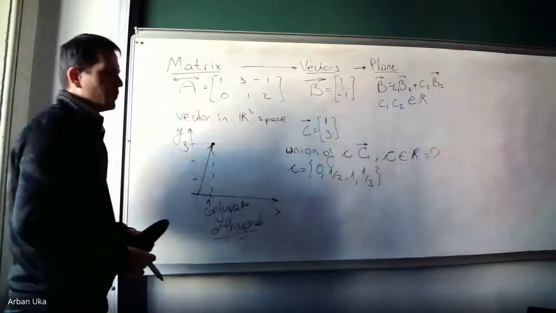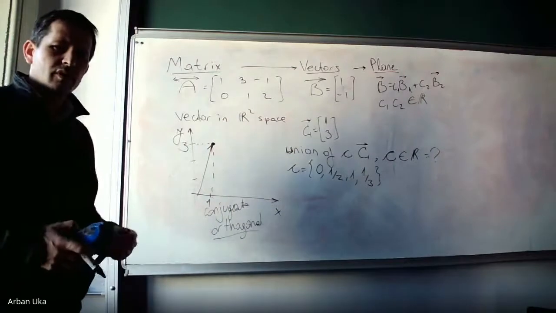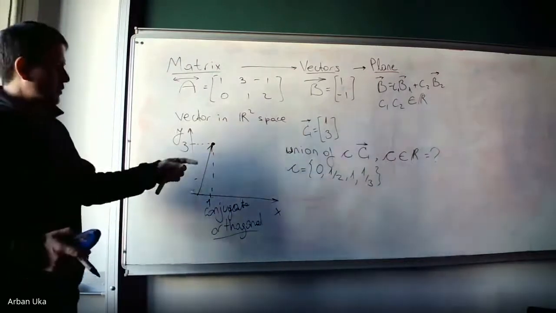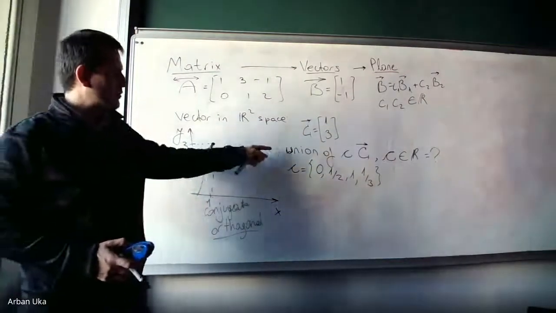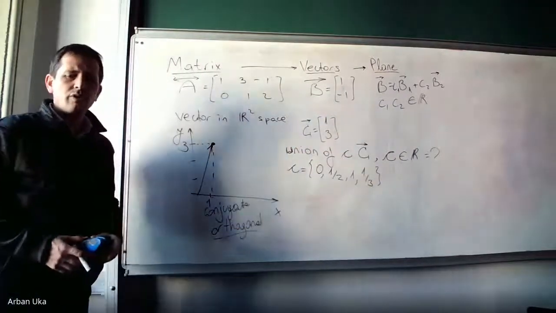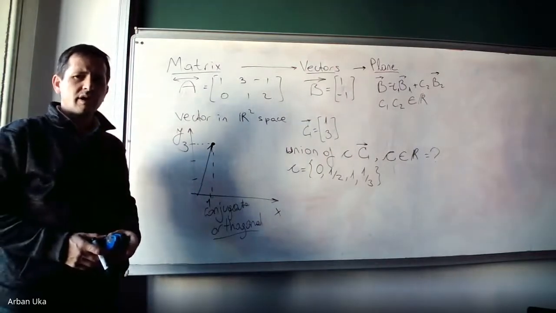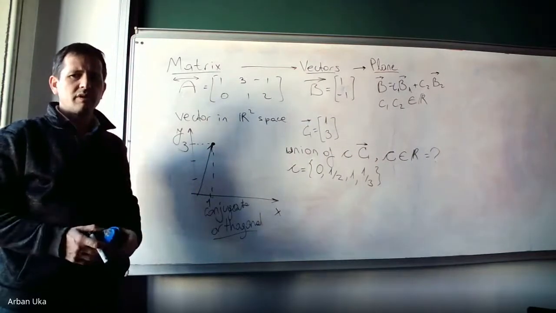So we can make up some points, right? And by the way, before we conclude, can anyone answer what you think could be the union of any constant c times a vector C? And with union, this means that we gather all the possible points and we try to construct a set.